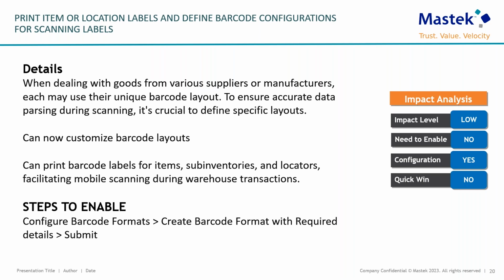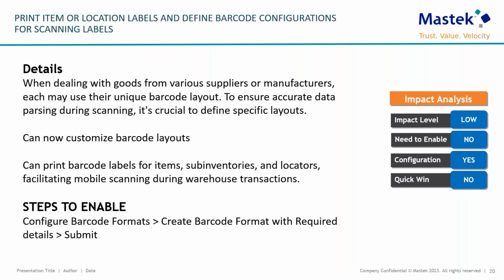To ensure accurate data during scanning, it's very crucial to define specific layouts. With this feature, we can now customize the barcode layouts, and even print barcode labels for items, subinventories, and locators, facilitating mobile scanning during warehouse transactions.